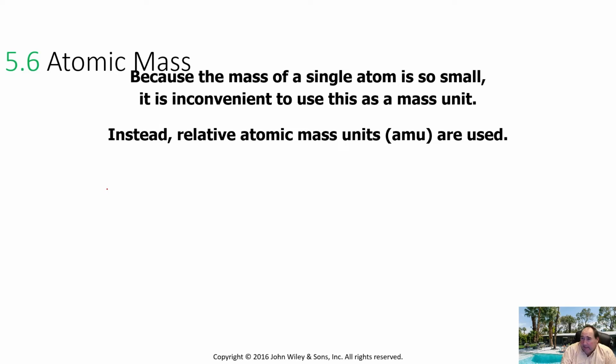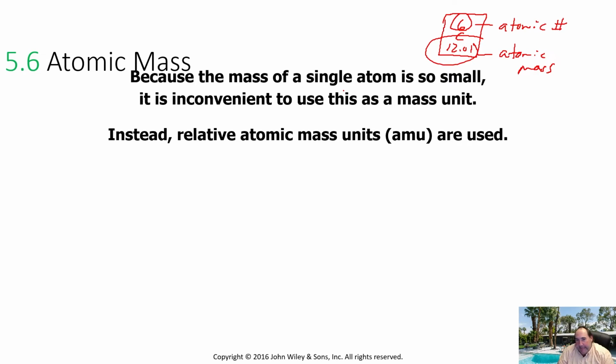The last thing we're going to talk about in this chapter is the other number that we see on the periodic table. Earlier we were talking about the atomic number, which is the top number. The bottom number is not the mass number, it is the atomic mass.